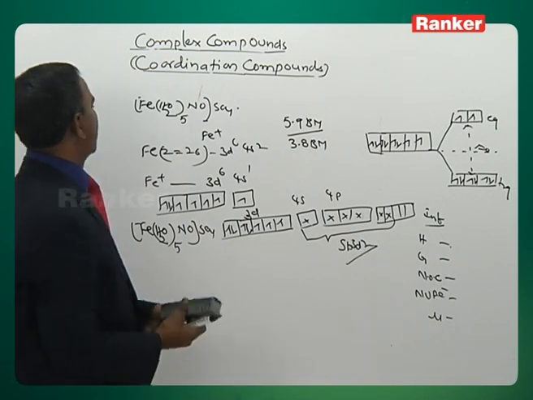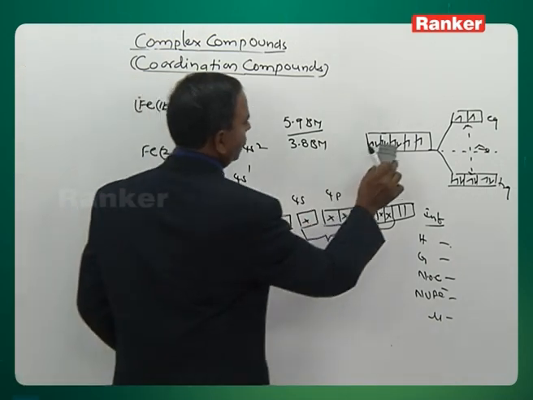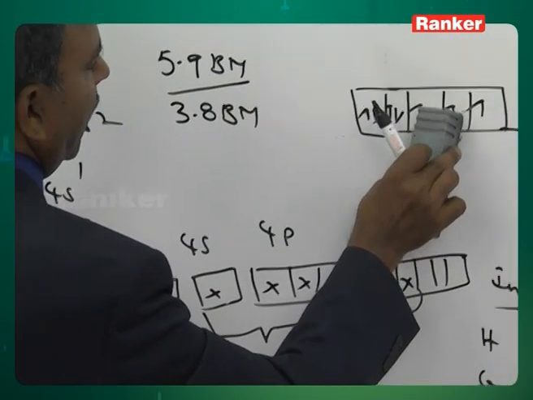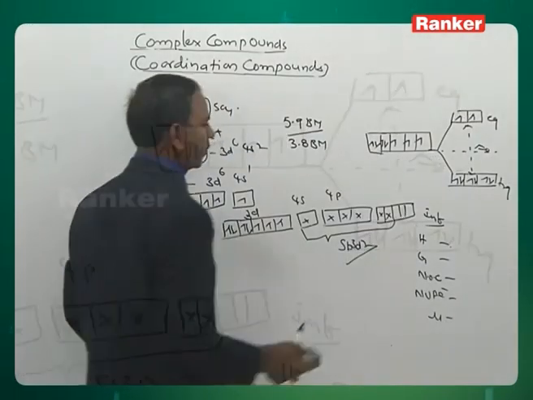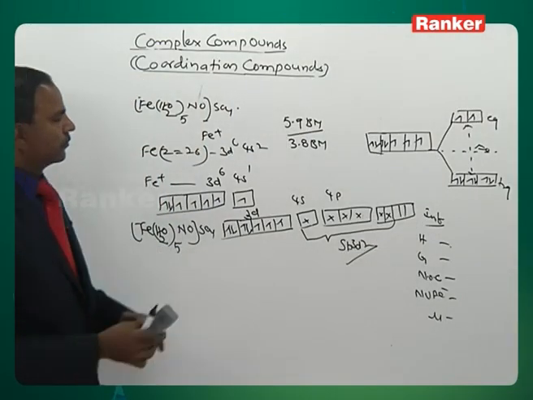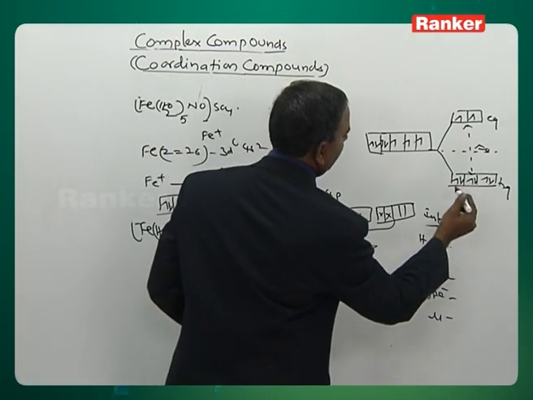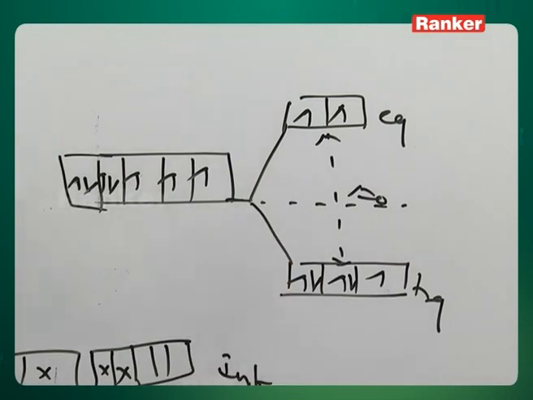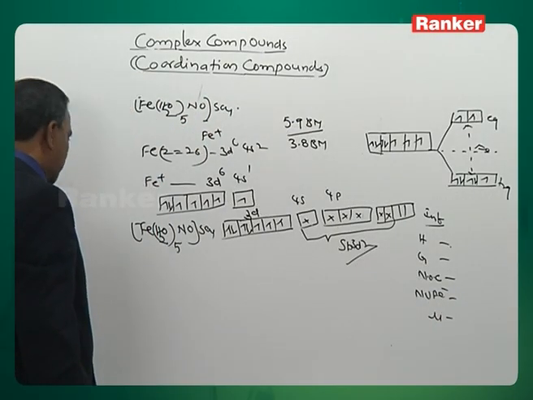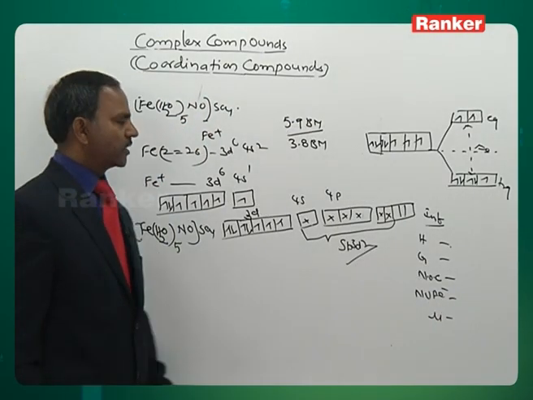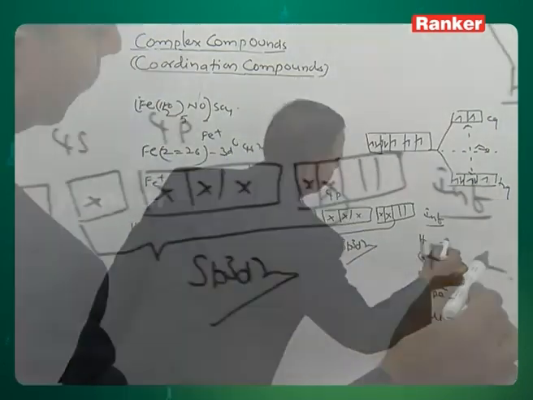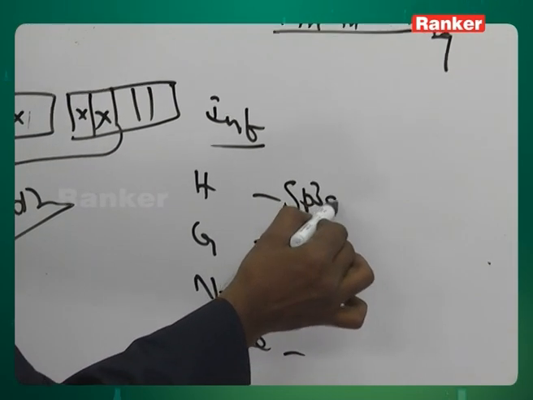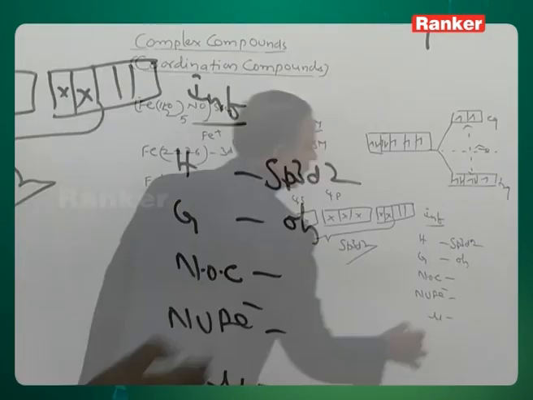Right, now the splitting of orbitals. I am writing here only for 7 electrons. Yes, 7 electrons, then splitting, it is 1, 2, 3, 4, 5, 6, 7. So the splitting of orbitals is this one. Next, let us write the information about the complex. Hybridization is sp3d2, octahedral geometry.